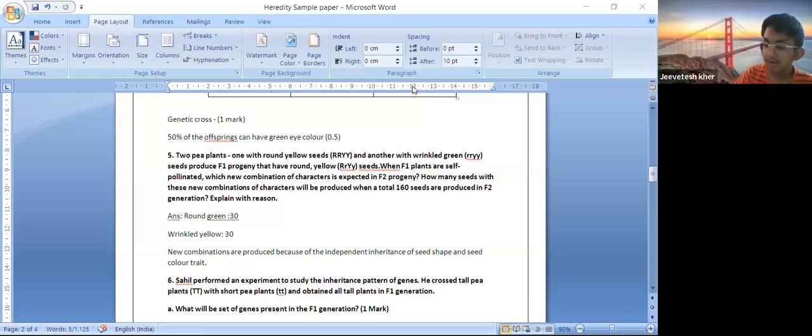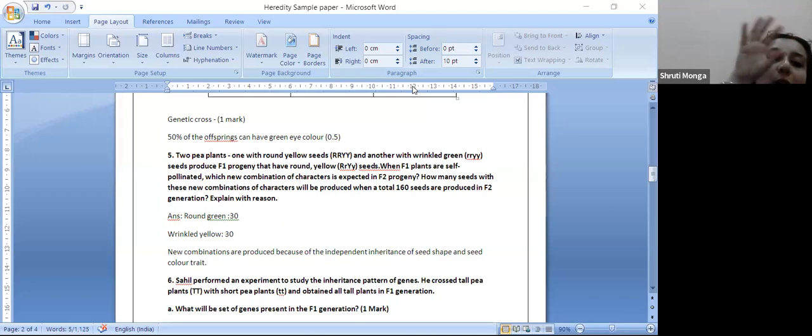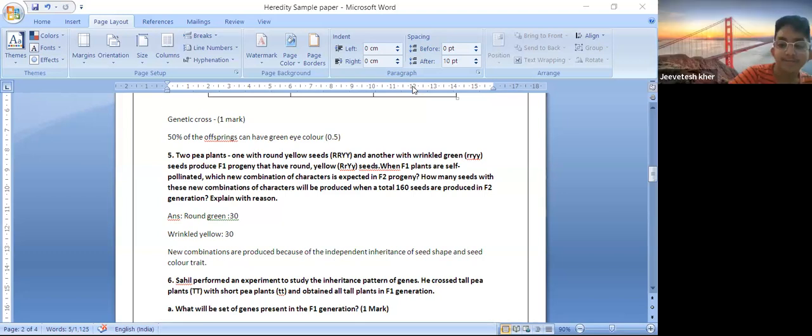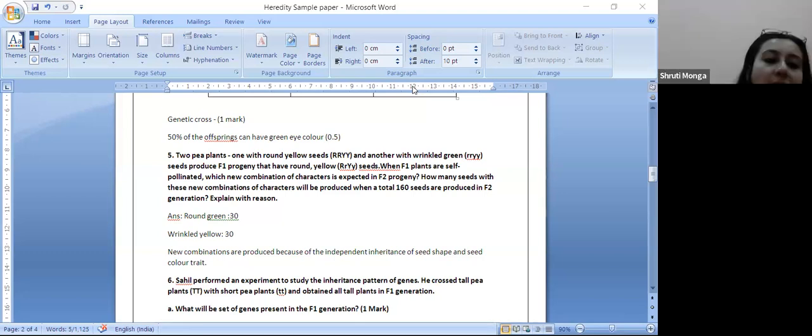Ma'am, do you mean we have to create that table? I just want to see how you are solving it. That is why I am asking you to send it to me on my WhatsApp, because such type of questions you can get in any form in the exam. So knowing the answer is not enough. You should know how to solve it.